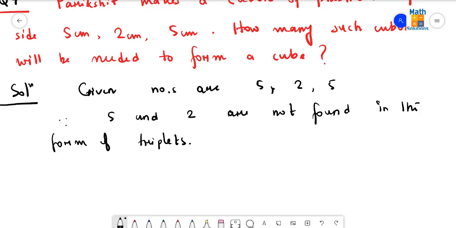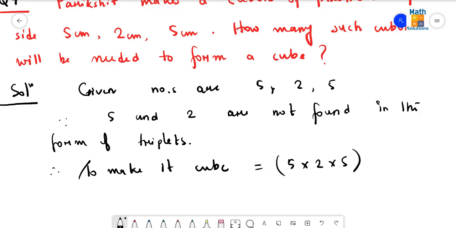Therefore, to make it cube, we have to multiply 5, 2 and 5 by 2 into 2 into 5, means these two extra 2's should be required for making a triplet.